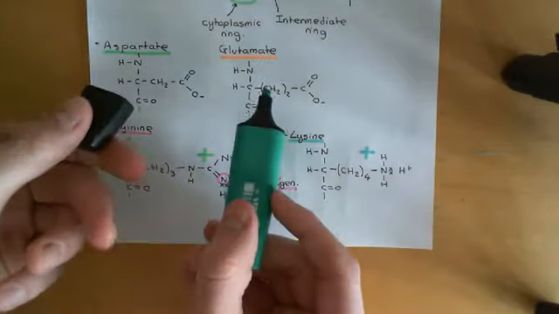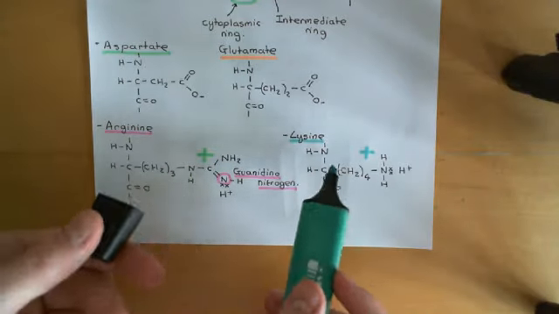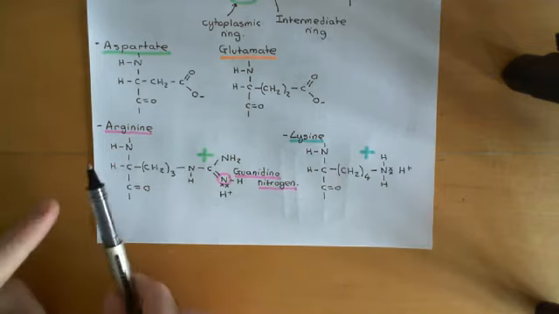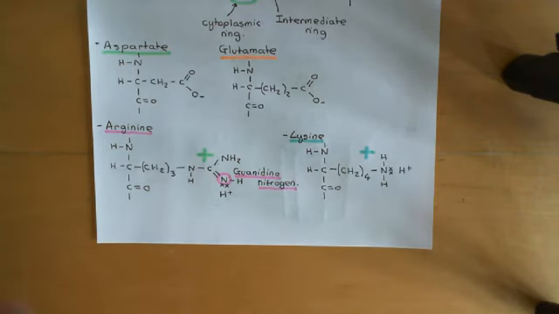So the running theme here is that the actual normal residue is uncharged, but either by losing its proton or by gaining a proton from free solution, it can become charged. We've seen that the aspartate and glutamate residues are the conjugate bases of the acid molecules, which then have the negative charges, and arginine and lysine can become protonated to gain positive charges.